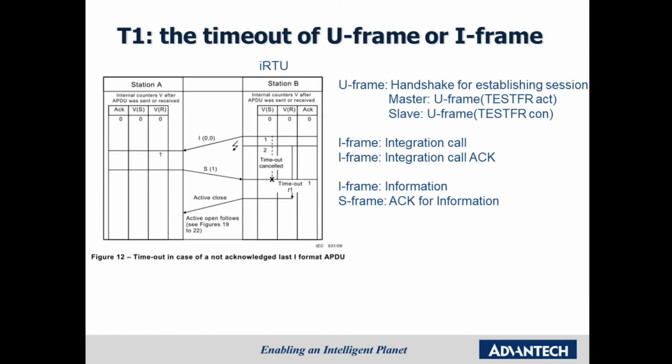So here, the master will send a U frame, that is a TESTFR act, and the slave replies with the U frame TESTFR con. There are also some I frames and S frames. So for the T1 here, the timeout counts after sending. If there is no ACK, it will time out and close.